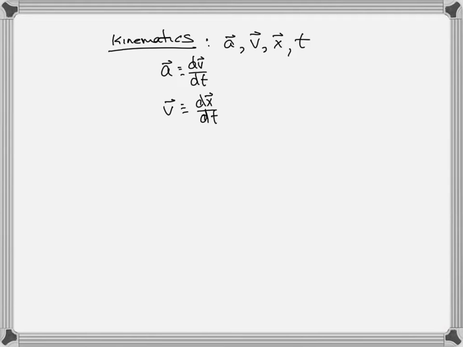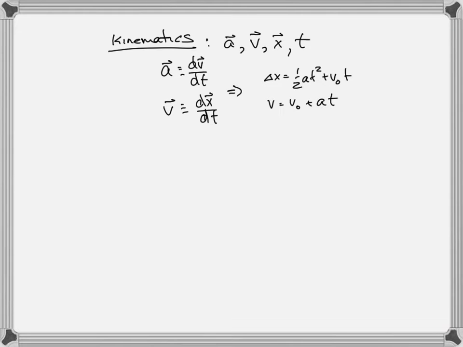And from those two definitions, we can determine the kinematic equations. It comes from cross-multiplying by dt and integrating, and you get delta x equals 1/2 at squared plus v0t, and you get v equals v0 plus at.